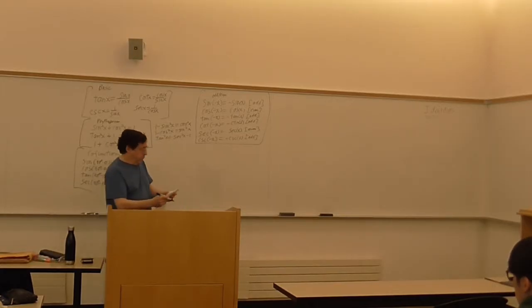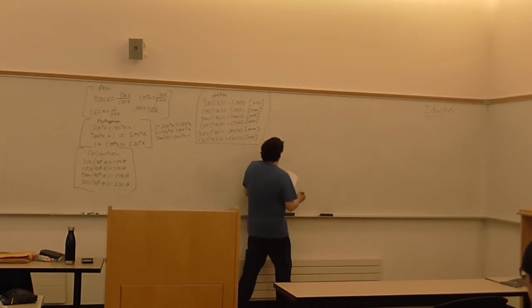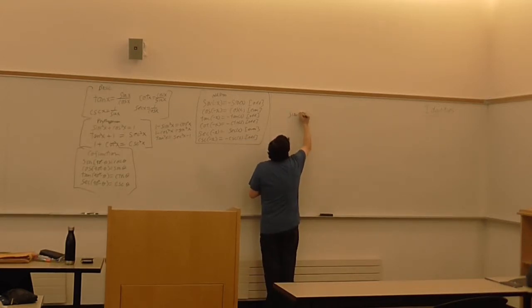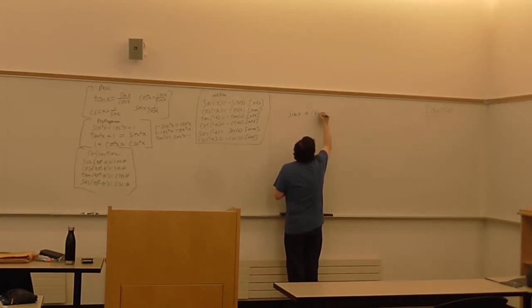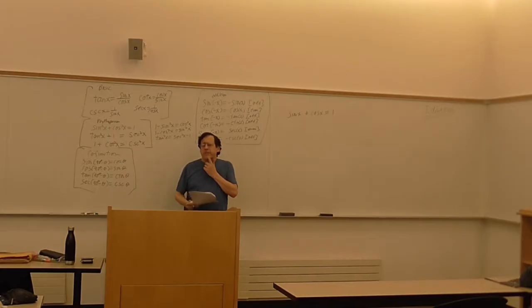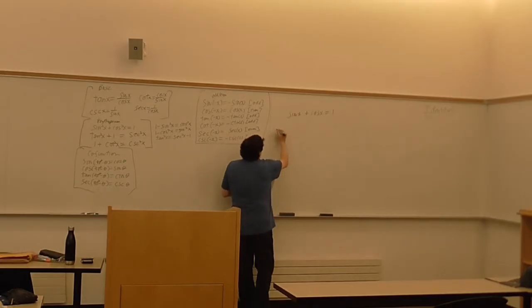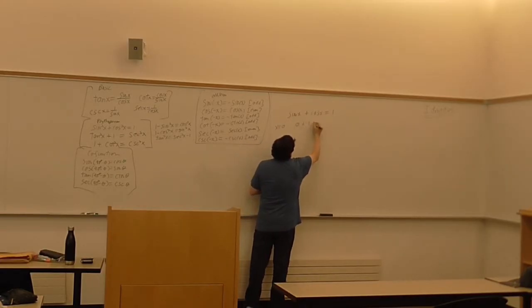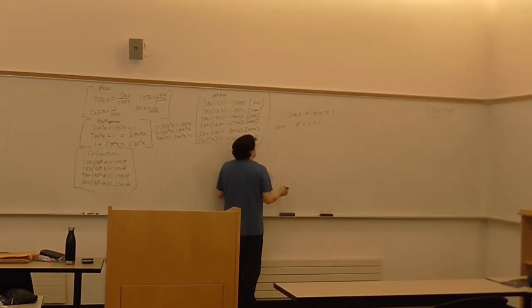So, for example, if I suggested to you that sine of x plus cosine of x equals 1, you might look at that and think it almost sounds plausible. I mean, if I said x equals 0, this becomes 0 plus 1, that's 1.